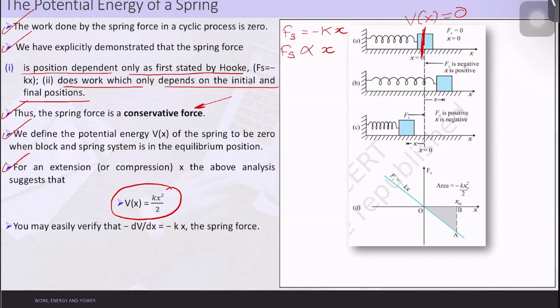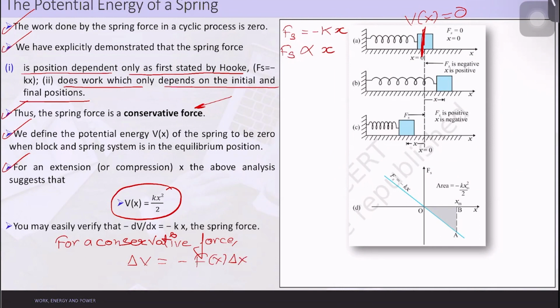If you remember correctly, in the discussion regarding the concept of conservation of mechanical energy, we got that for a conservative force, delta V is nothing but equal to minus f of x delta x.